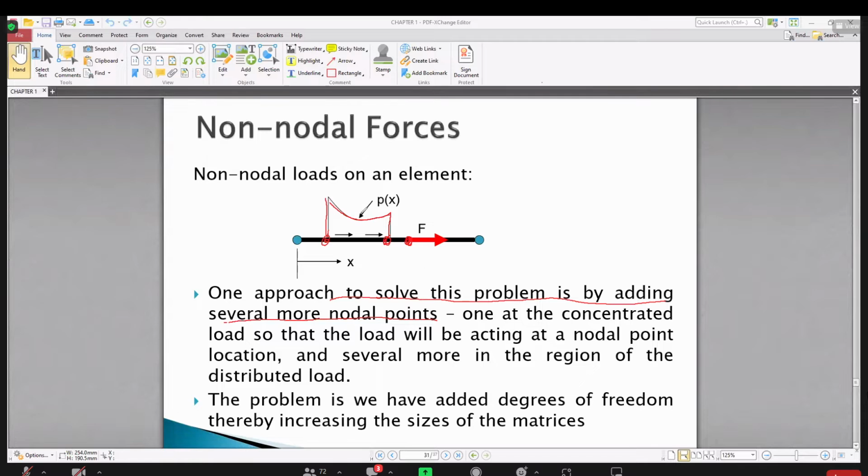Okay. So, pwede sad ako na siya tagsa-tagsaon, daghanon gid ako maayo, no? One, the concentrated load so that the load will be acting at a nodal point, and several more on the region of this distributed load. So that's why I put additional nodes here because this is a distributed load. Okay. Now, the problem here is we have added nodes.